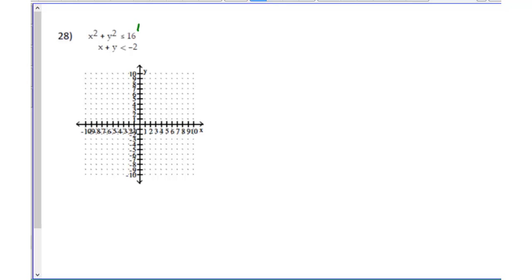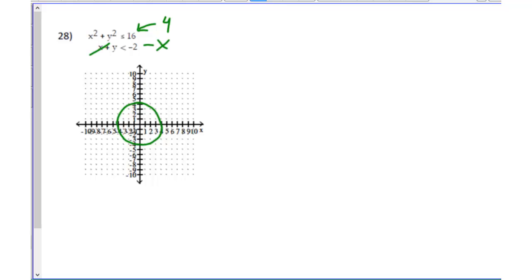This is a circle with a radius of 4. And so it's really easy to just remember that instead of having to solve it for y and plug it in. If it's less than or equal to, that means we're shading inside of the circle. And then we have a line.